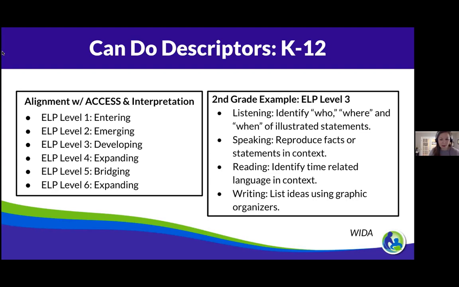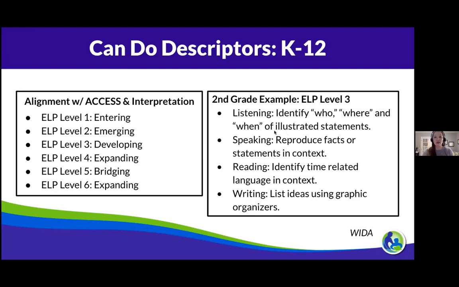Now, I'm going to point out a couple of things as we interpret this. I like to highlight for people these verbs. I think we have to really pay close attention to what the verb is saying, because this is not necessarily saying that Joey should be able to answer complex who, where, and when questions.